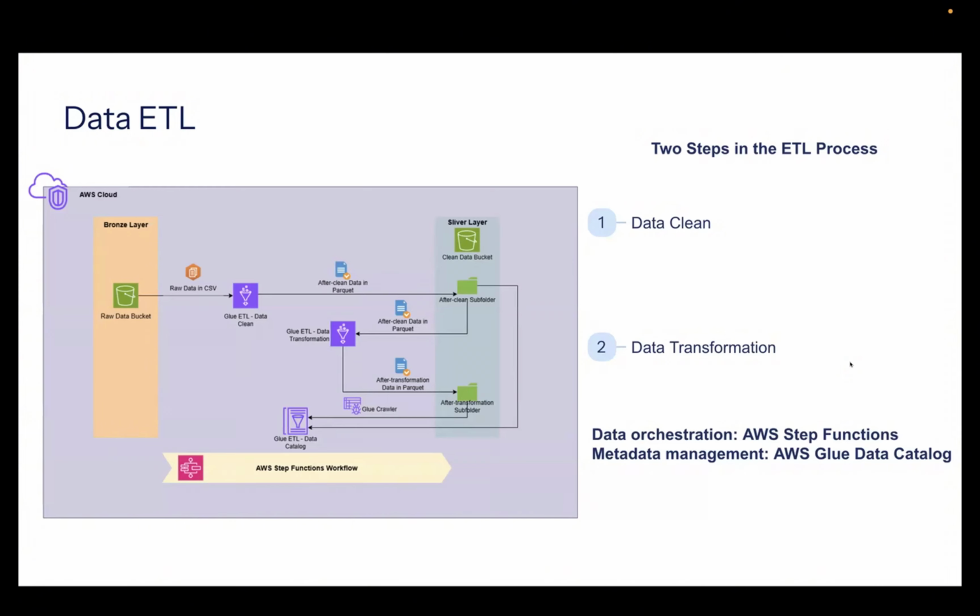Next, the data undergoes further transformation through another Glue Spark job, resulting in standardized Parquet files ready for analytics and modeling. The entire workflow is orchestrated by AWS Step Functions, and metadata management is handled by AWS Glue Data Catalog. This design ensures high data quality and efficient automation.